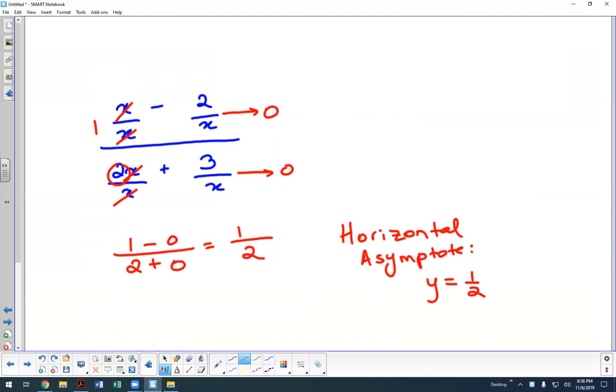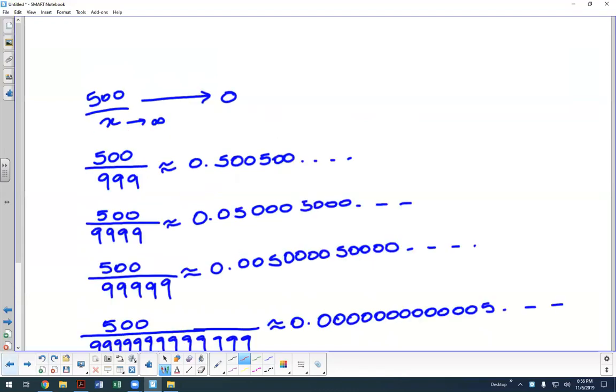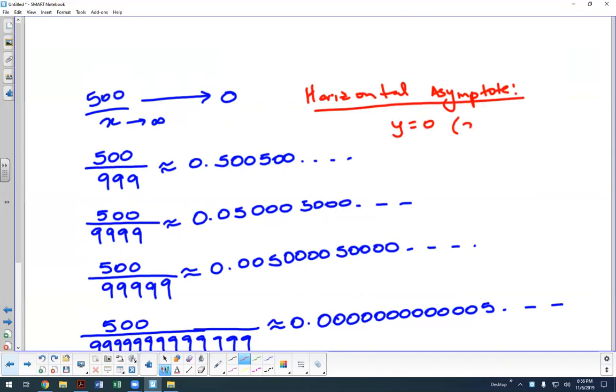Okay? For these guys, with the 500 over x, your horizontal asymptote was going to be at y equals 0, which is the x axis.